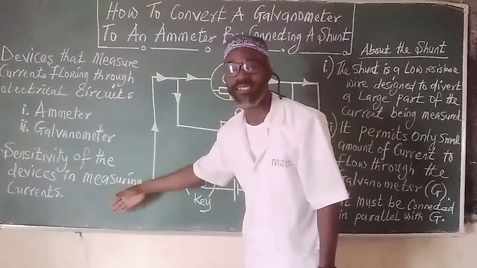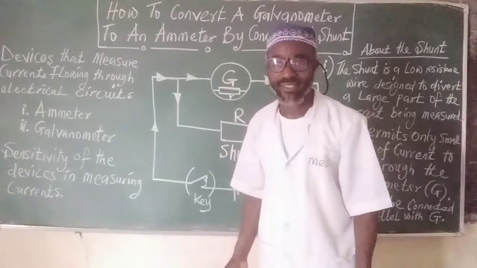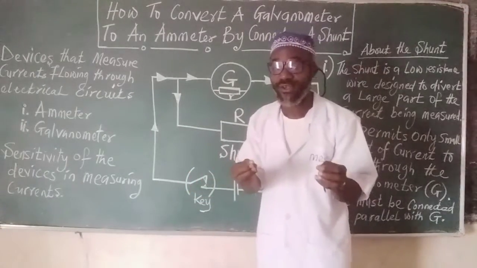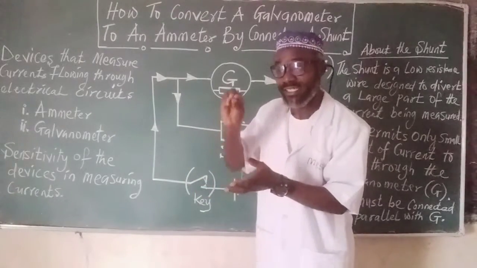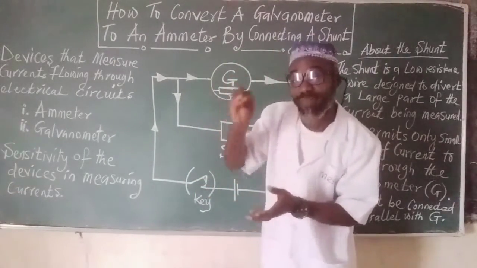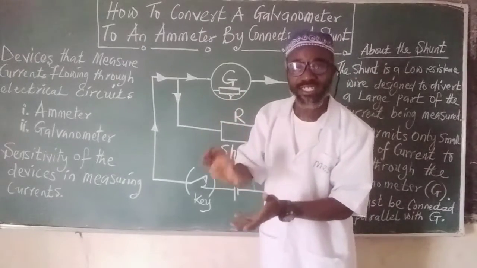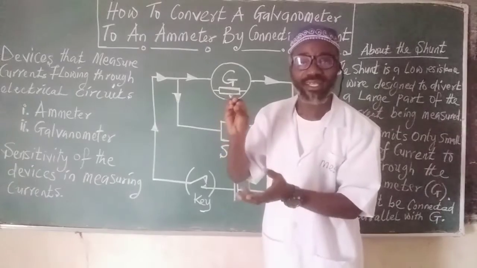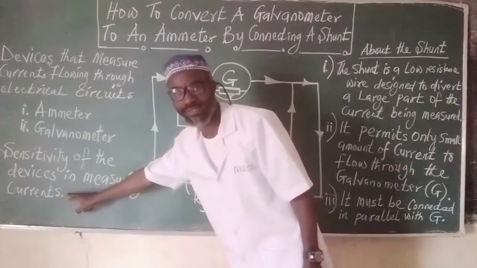That's what it means by the sensitivity of the devices in measuring currents. If a device or an instrument for measuring current can detect, after detecting, measures it, gives it a value, that means that device is highly sensitive in terms of measuring currents.